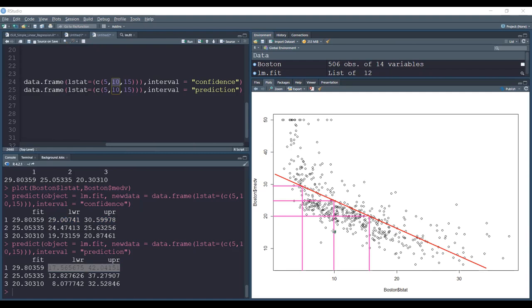Something like this, right? Something like that. I guess this is some kind of error bar.